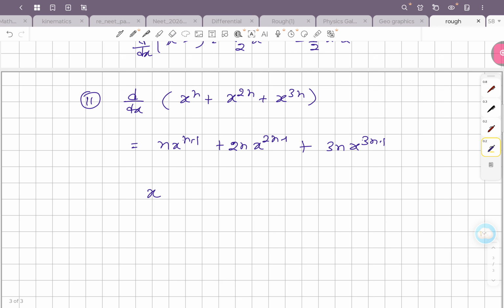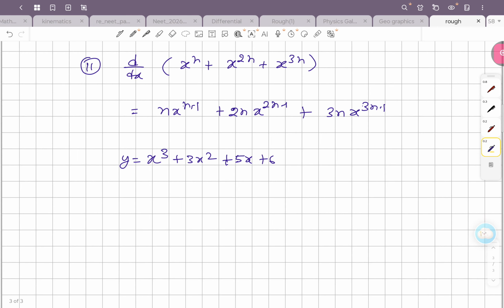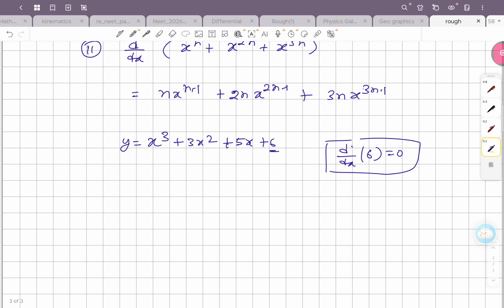Suppose you are given a function y equal to x cube plus 3x square plus 5x plus 6. How can you do this? For the 6, this is a constant. Always keep in mind that the differentiation of any constant is equal to 0. Why is it 0?